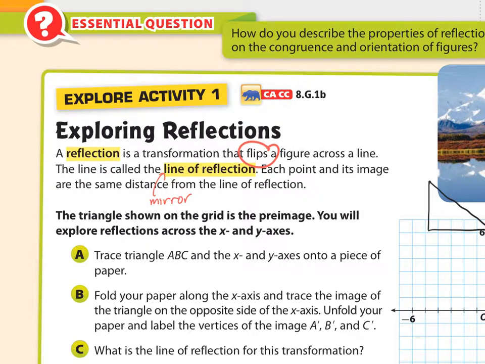If you can imagine you looking at yourself in the mirror, you yourself are the pre-image, and what you see in the mirror is your reflection, right? We call that the image. And so that's essentially what's going on when we're dealing with shapes in a graph.